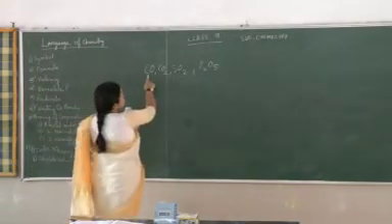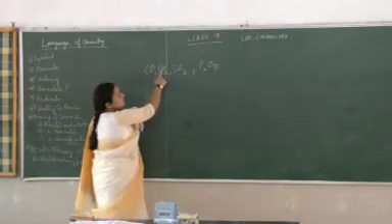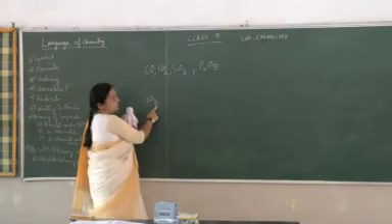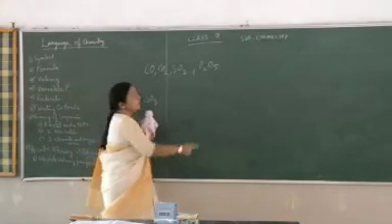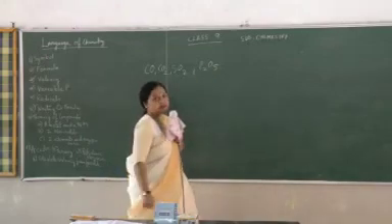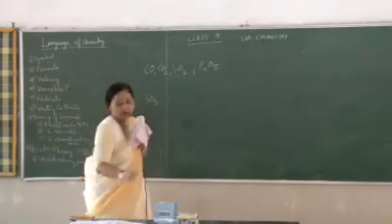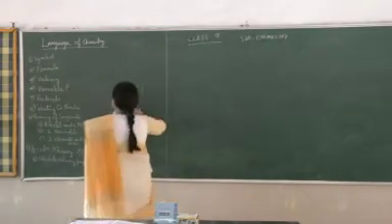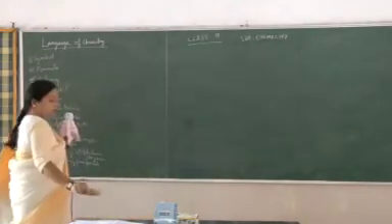For example, carbon monoxide, carbon dioxide, sulfur dioxide, sulfur trioxide. This is pentaoxide. So, mono, di, tri, penta are used when two non-metals are named.